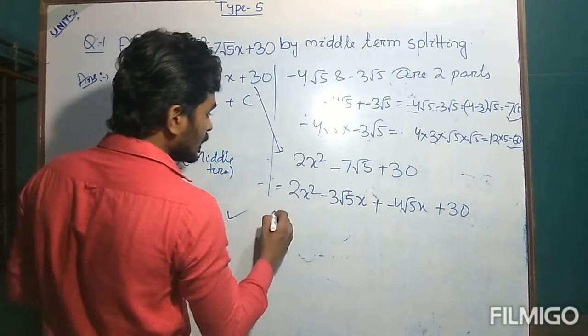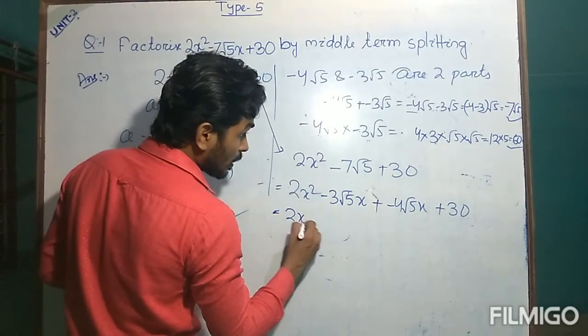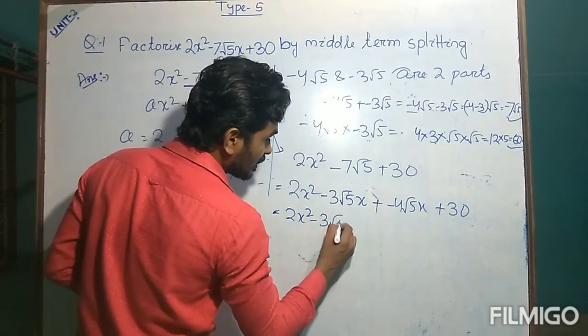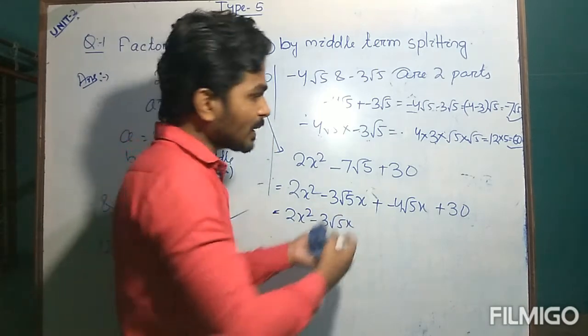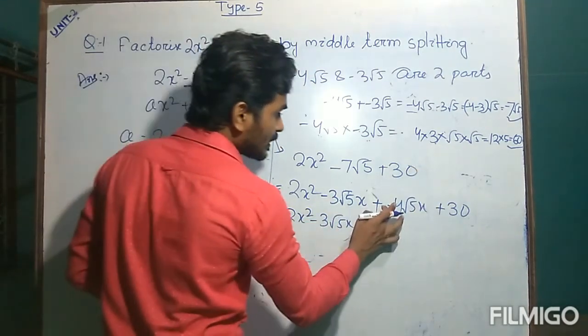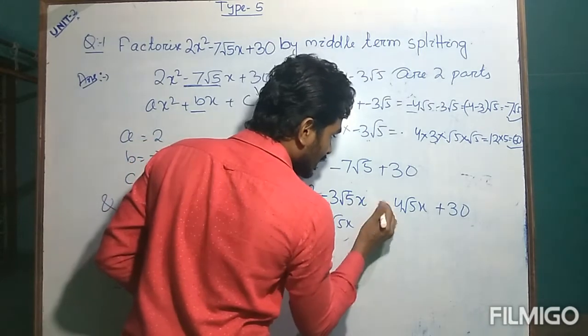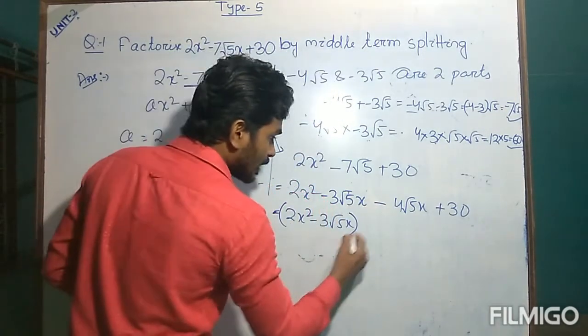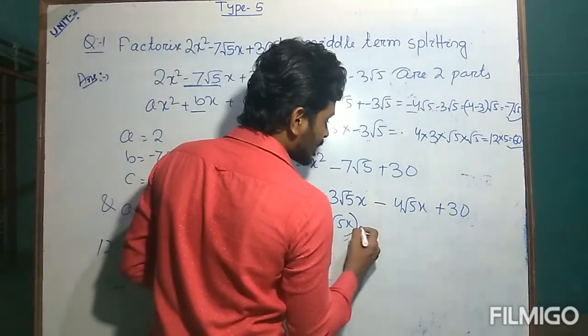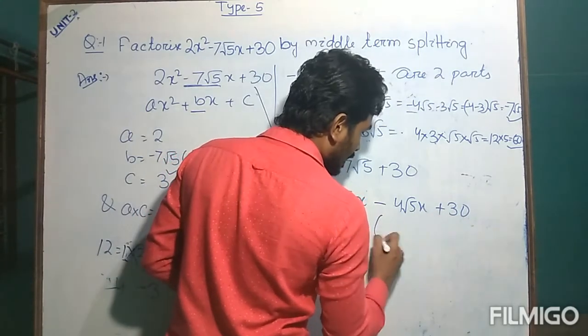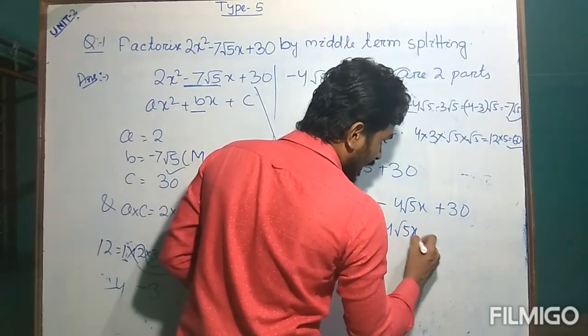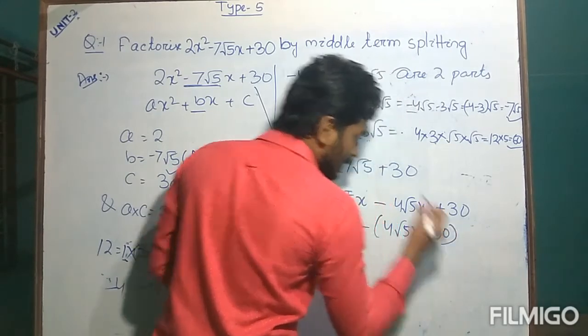Okay, so you need to bracket the first two terms and the second two terms. Here plus minus, I am writing directly as minus. So put the bracket. Now minus is taken common from the first two terms, hence it will be 4 root 5 x, and the sign will be changed to minus 30.